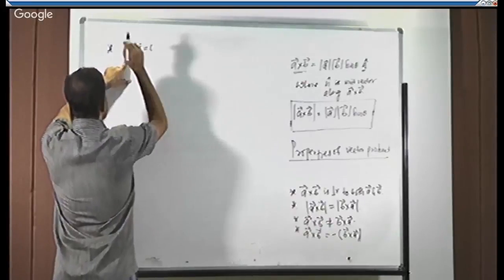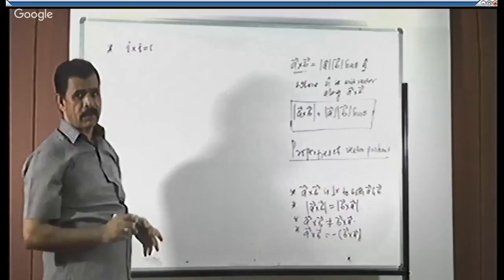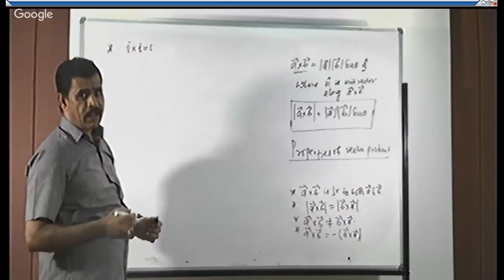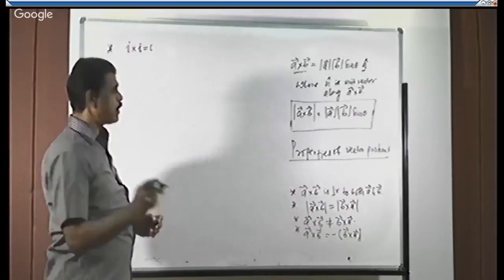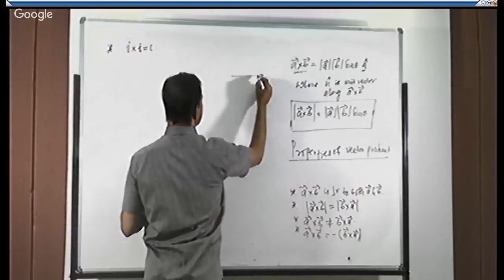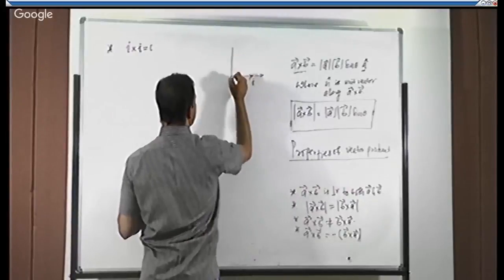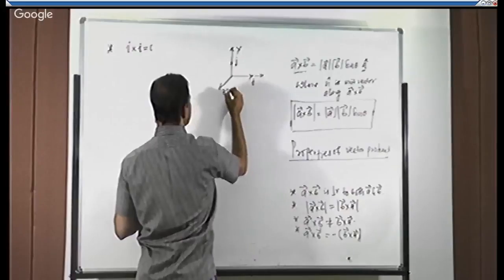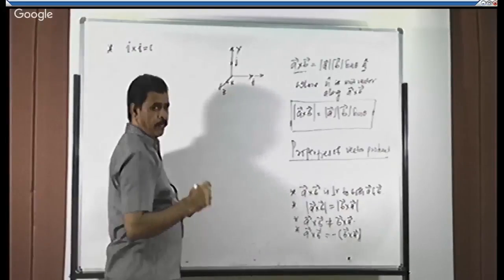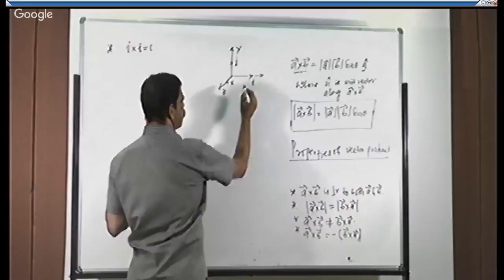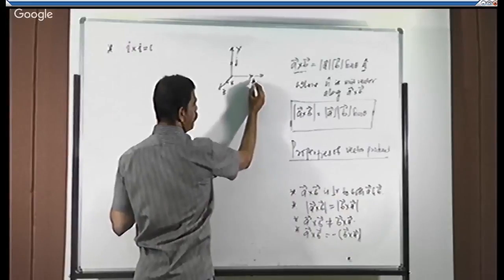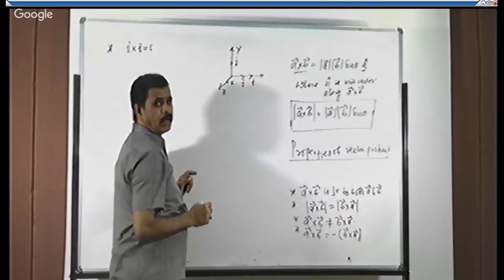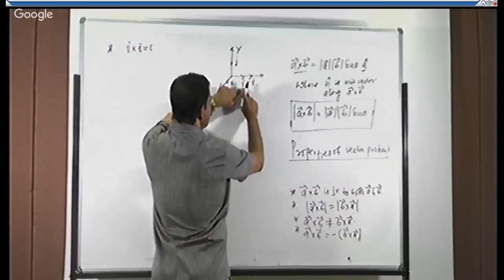If I take the same type of unit vectors, I cross I, J cross J, K cross K, which are acting in the same direction, correct? This is the x-axis, unit vector is I. This is the y-axis, unit vector is J. This is the z-axis, unit vector is K. If I take two unit vectors I and I, they will be in the same direction.